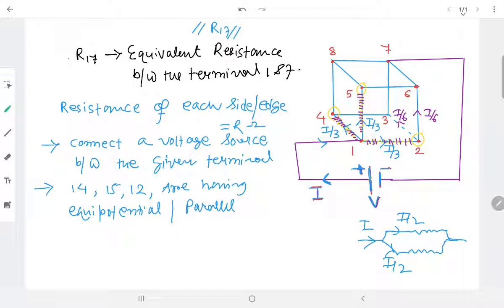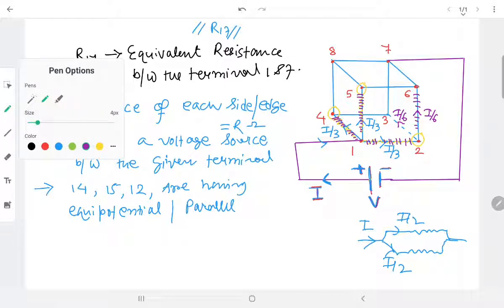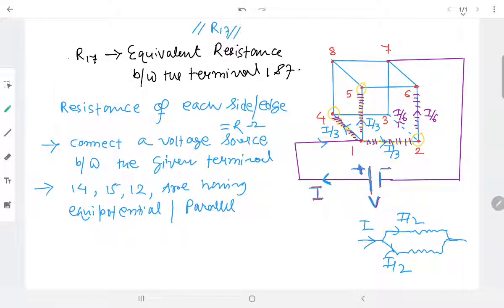You have to look at the points 3 and 6. Suppose I am on the point 6. I want to come to the positive terminal. How many minimum resistances do I need to cross? Minimum is 2 resistances. This is the first resistance, and this is the second resistance between 2 and 1.